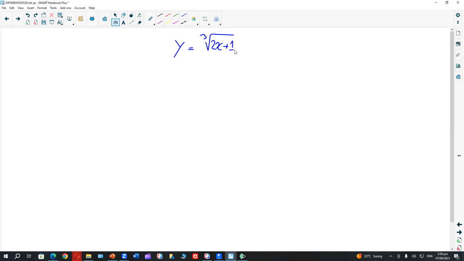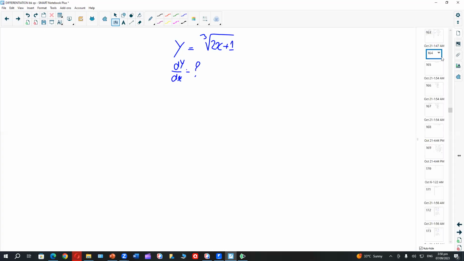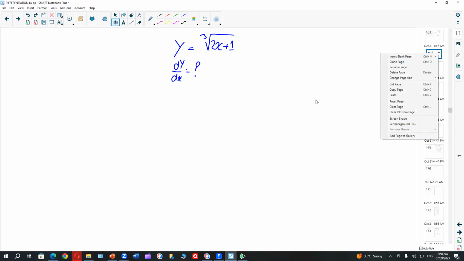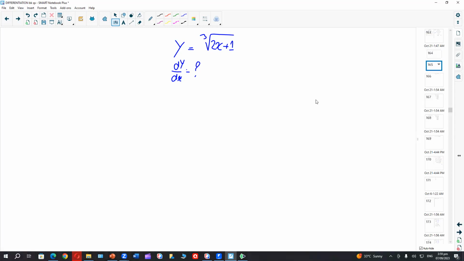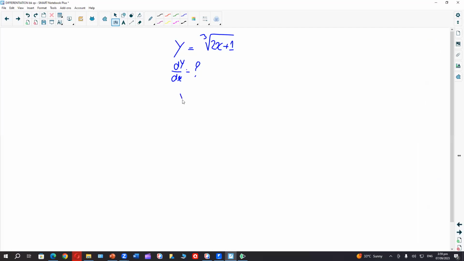Cube root of 2x plus 1. Copy this example. Done.